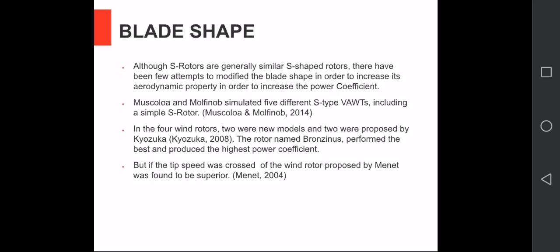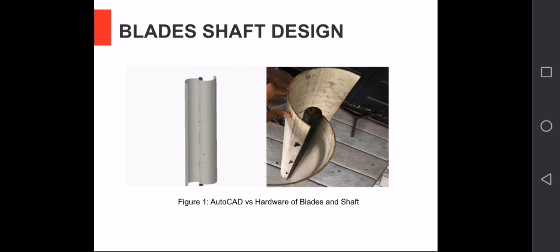So different types of rotors have different pros and cons. You have to choose according to your own benefits. And on the other hand, you can also read their papers and what they have to say. So this was our AutoCAD and the hardware of the blades that we designed.